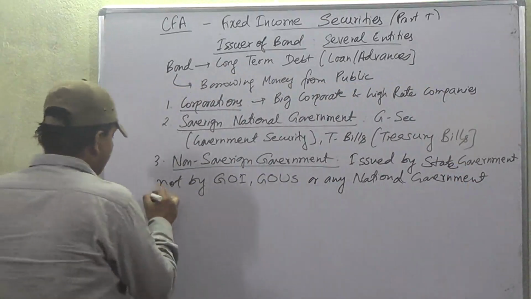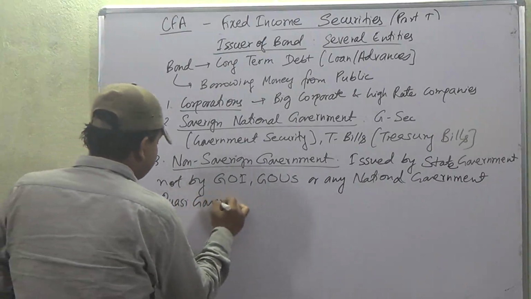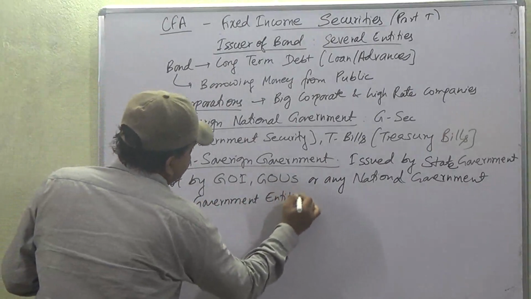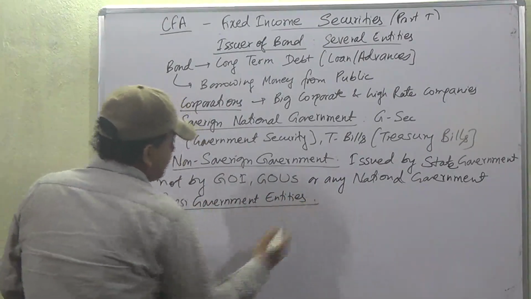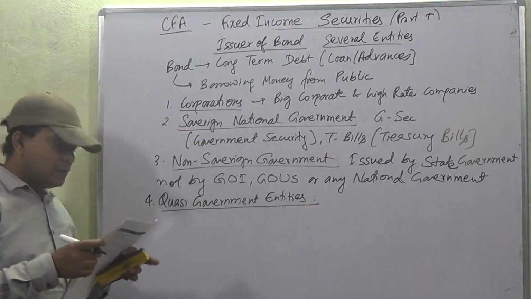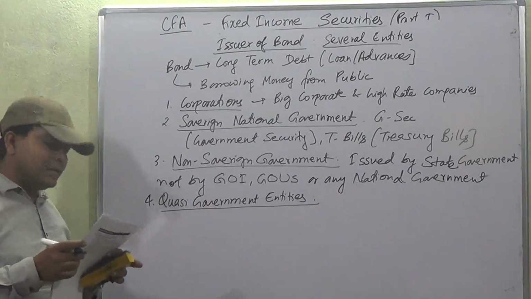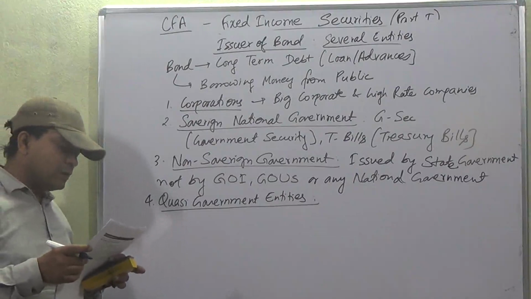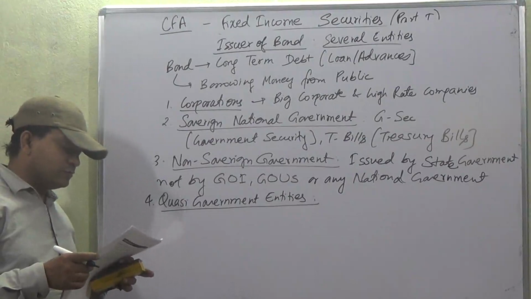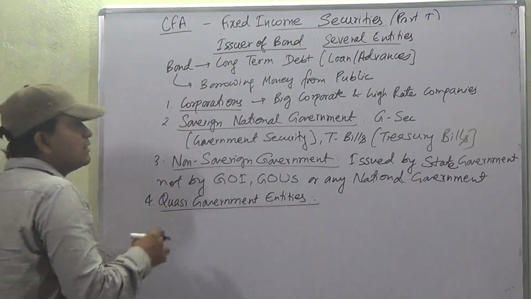Then quasi-government entities. It is not a direct obligation of a country's government or central bank. Example, Federal National Mortgage Association, known as Fannie Mae. Quasi means semi.